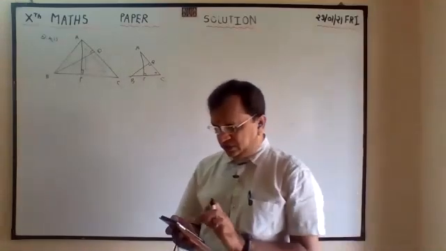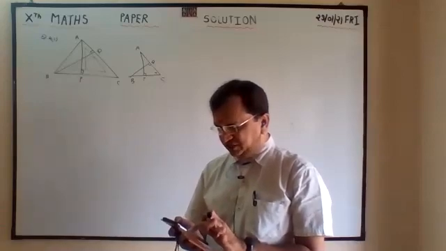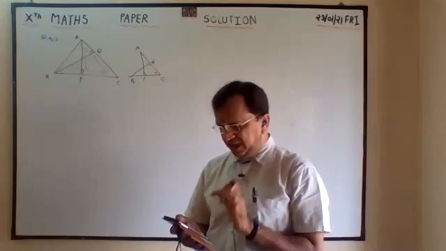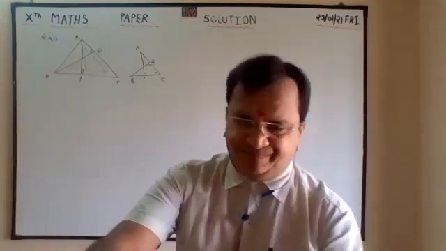First we have to prove both the triangles are similar. Then we have to write the proportionality.